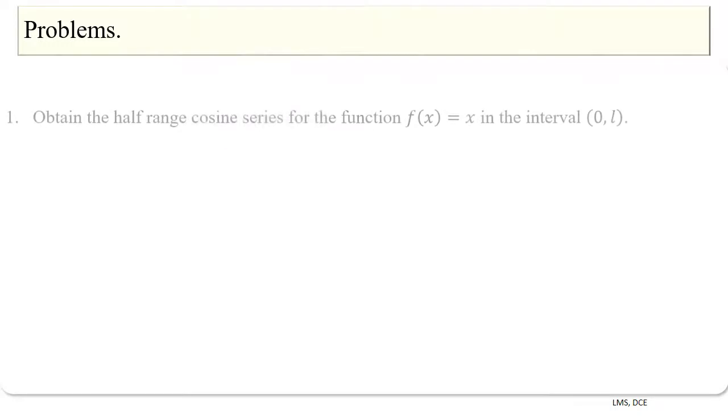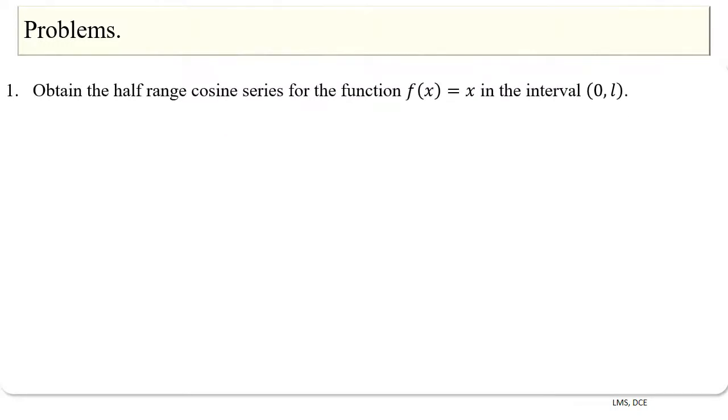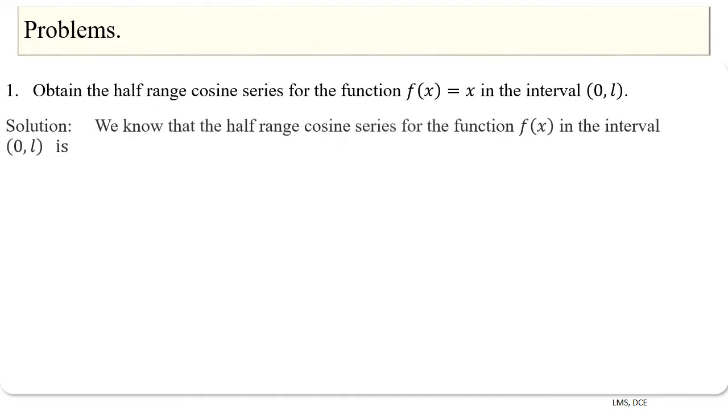Now I am going to explain how to find the Fourier half-range cosine series for the function f of x equal to x in the interval 0, l.